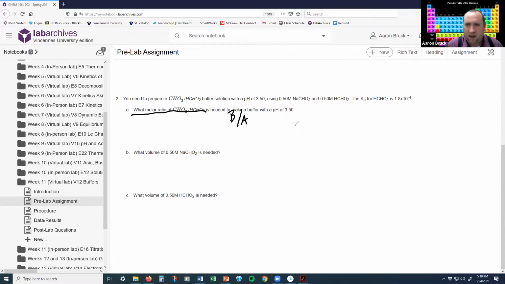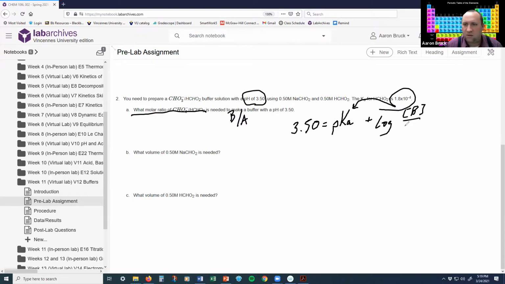So I've got my pH. I've got my Ka, which I'm going to need to convert into a pKa. And I'm eventually going to need to turn it into this ratio.